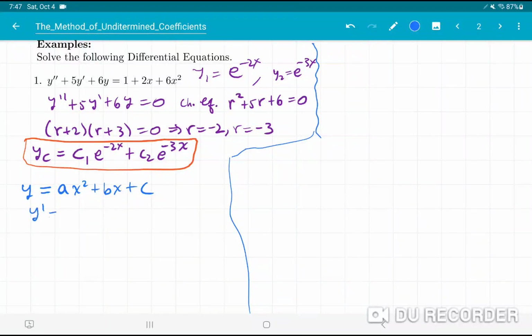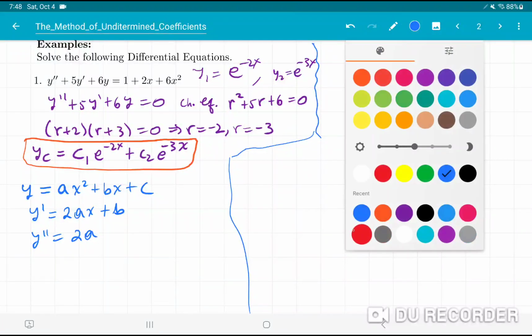Take the derivative. This gives you 2ax plus b, and the second derivative gives you 2a. So we will take the second derivative, multiply the first derivative by 5, multiply the function by 6, and add them up, and we want it to equal this. So y double prime is 2a.